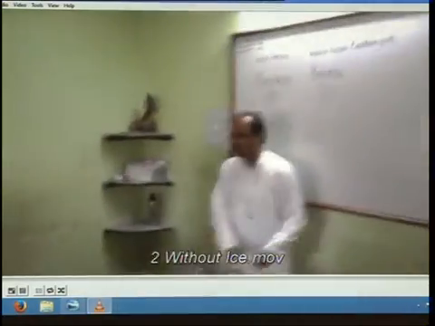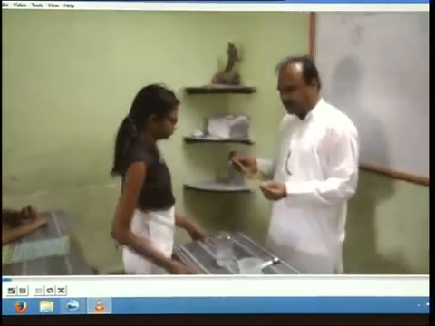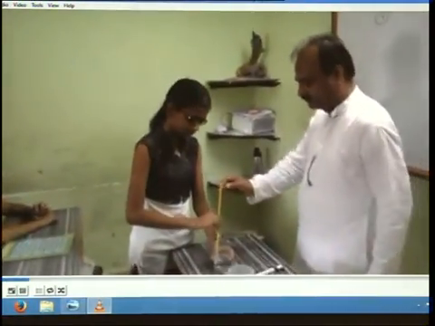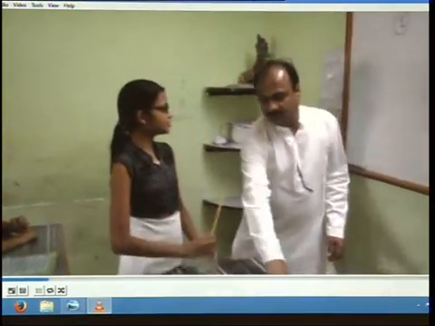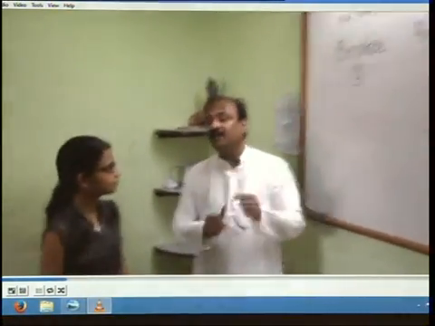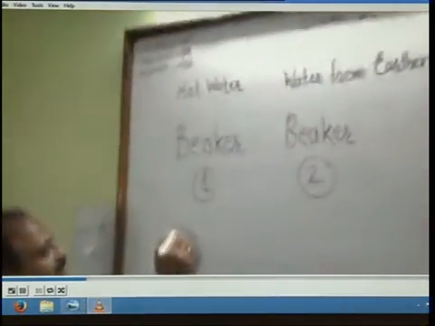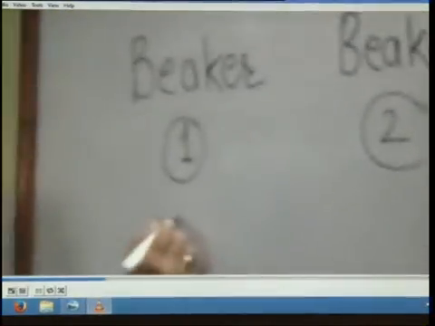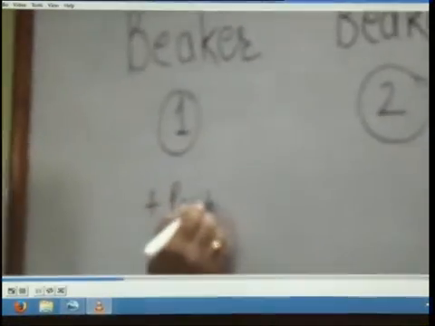Let us watch in the second clip how the teacher performs the activity with 2 beakers instead of 3. In the first beaker, he uses hot water and calls a student to measure the temperature and note it down on the blackboard, whether it is positive or negative. It is a positive number. Obviously, it is the temperature of hot water.